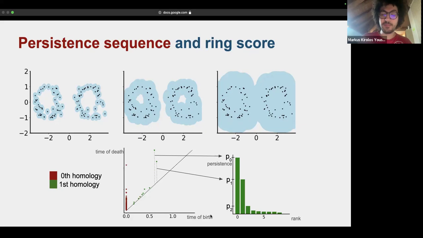So here's the time of birth of a topological feature, in this case, a one-dimensional homology group. And here the death of the feature. I only talk about the green points now, the one-dimensional homology groups. So you can see, for example, since my space here mainly has two holes, like if you look at here, it has two holes, right?